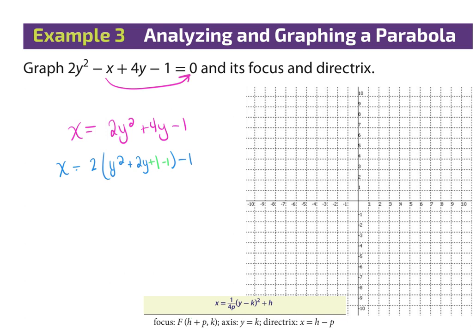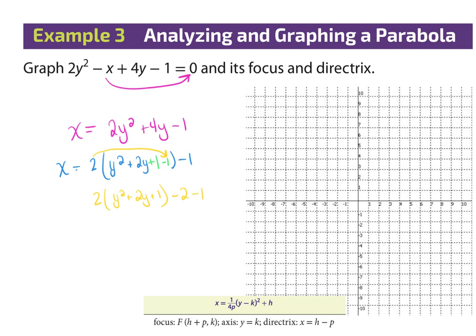So I'm going to distribute just to that negative 1, because that's the only thing I want to come out of the parentheses. My 2 and my y squared plus 2y plus 1 will remain in the parentheses, but I'm going to multiply that negative 1 to get him out. 2 times negative 1 is negative 2, okay?